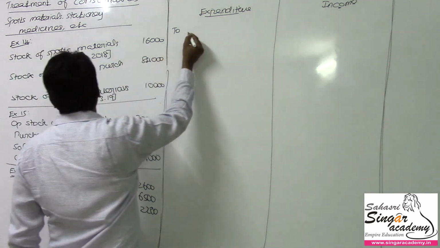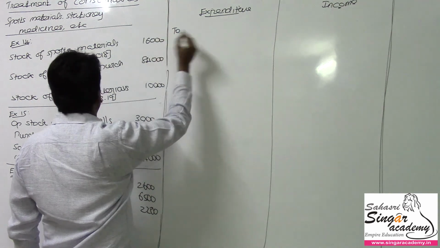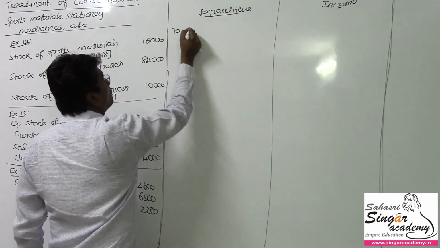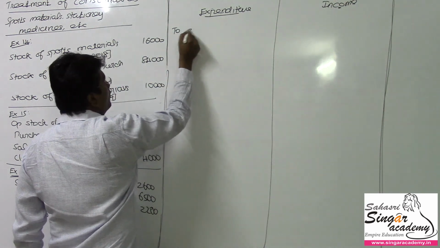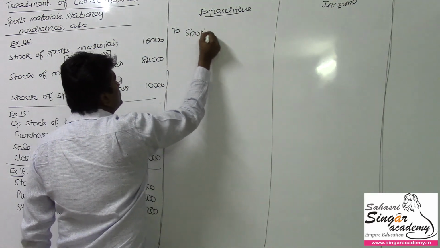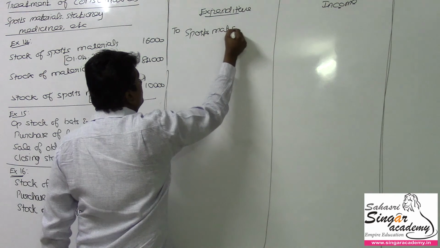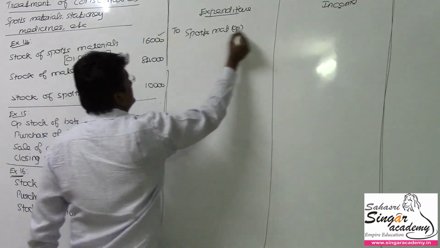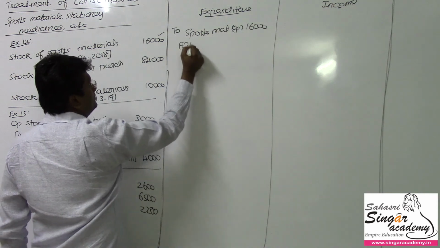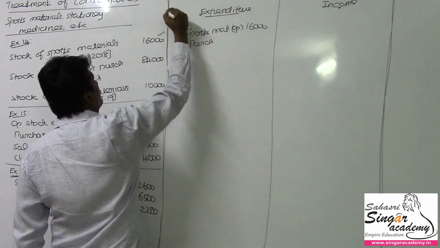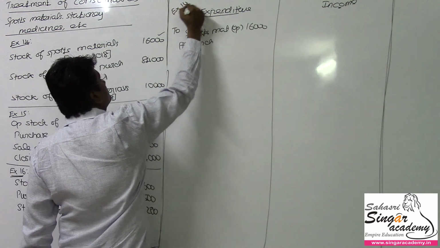So இதில் வரும்போது, to stock of sports material, opening stock of sports material at the beginning, opening எவ்வளோ இருக்குது? 16. Add purchases during the period. Purchases, this is all about exercise number 14.